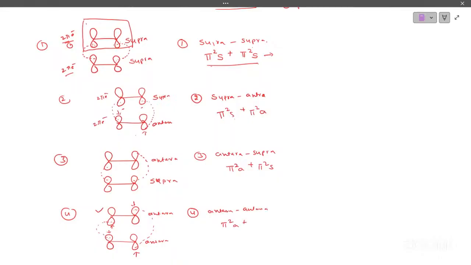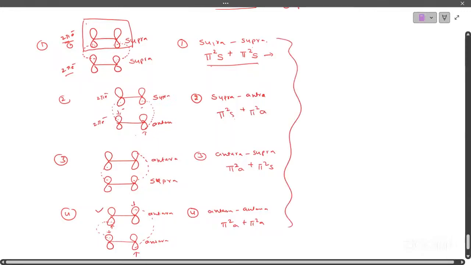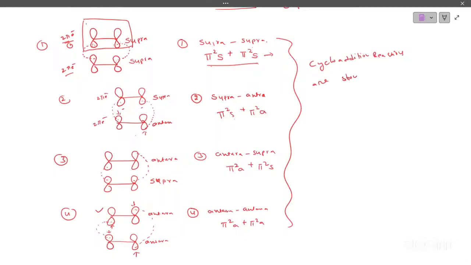Based on this observation, cycloaddition reactions are showing four stereochemical modes.